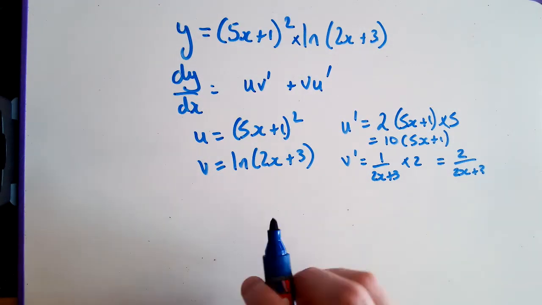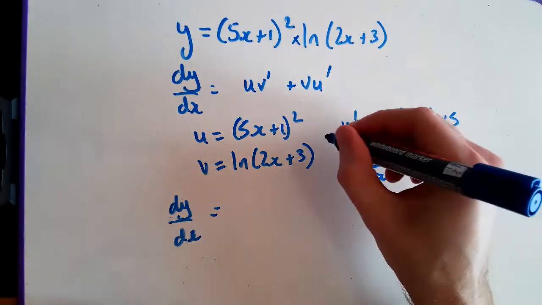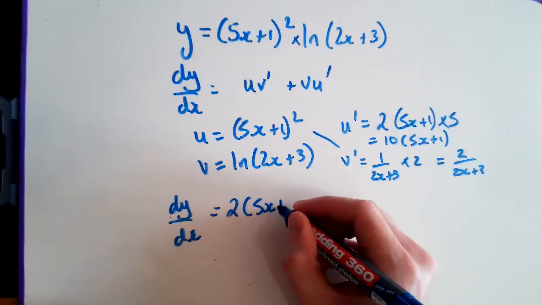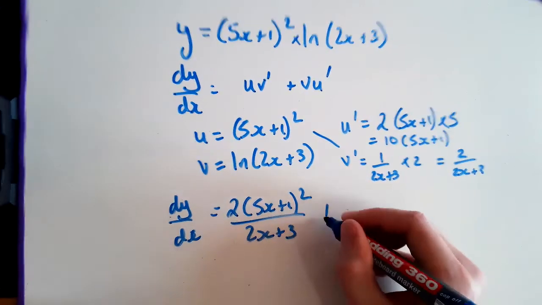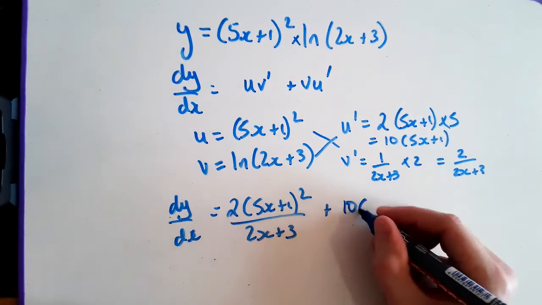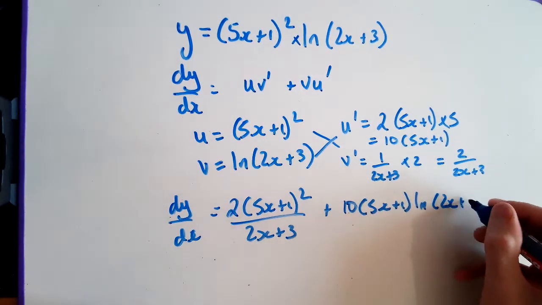Sub into the formula. So dy by dx is u times v dash: 2 lots of (5x plus 1) squared over (2x plus 3), plus v times u dash: 10 (5x plus 1) ln(2x plus 3).